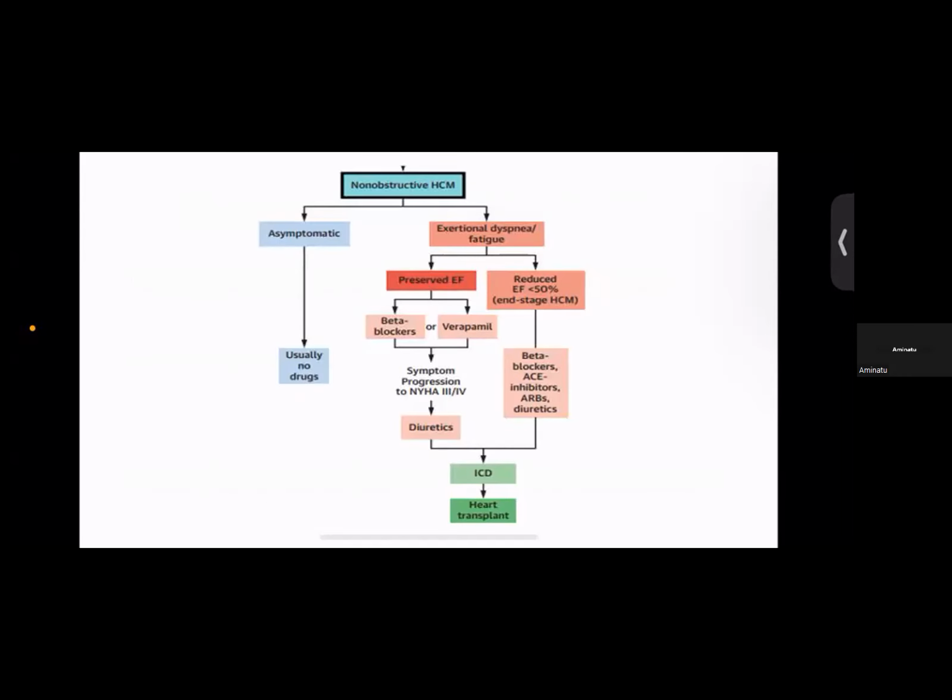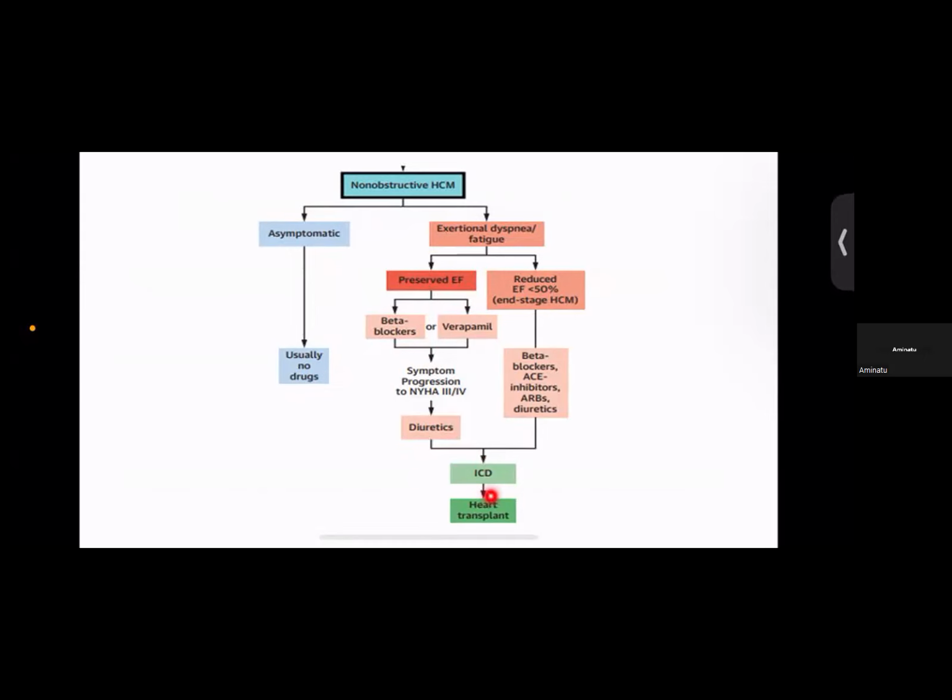This is also a chart showing the treatment of non-obstructive HCM. So if asymptomatic, you do not give any medications. If they present with symptoms and have preserved ejection fraction, that is EF greater than 50, we can choose beta blockers or verapamil. And if they progress with symptoms of heart failure, we can introduce diuretics to decongest them.